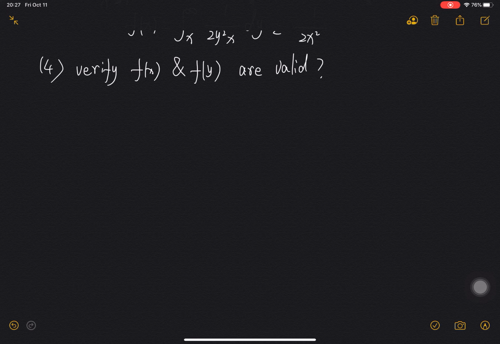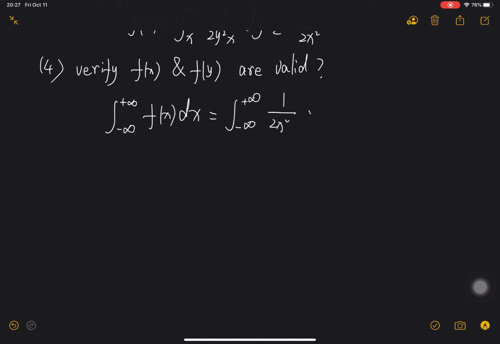To see if it's valid, we have to do the integral of it from minus infinity to plus infinity of f_X dx. For this part, we know that this is definitely not 1, so f_X is not a valid density function.